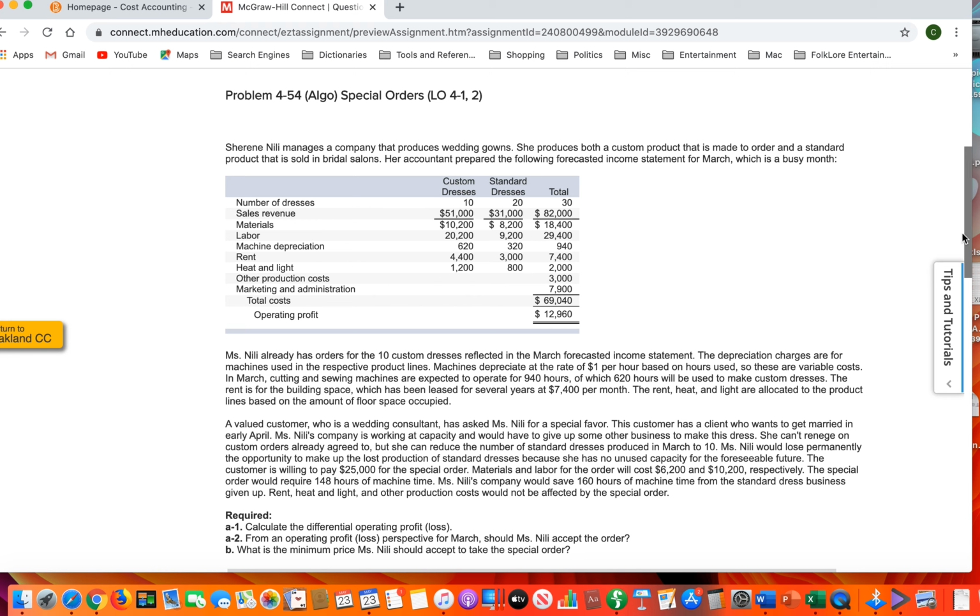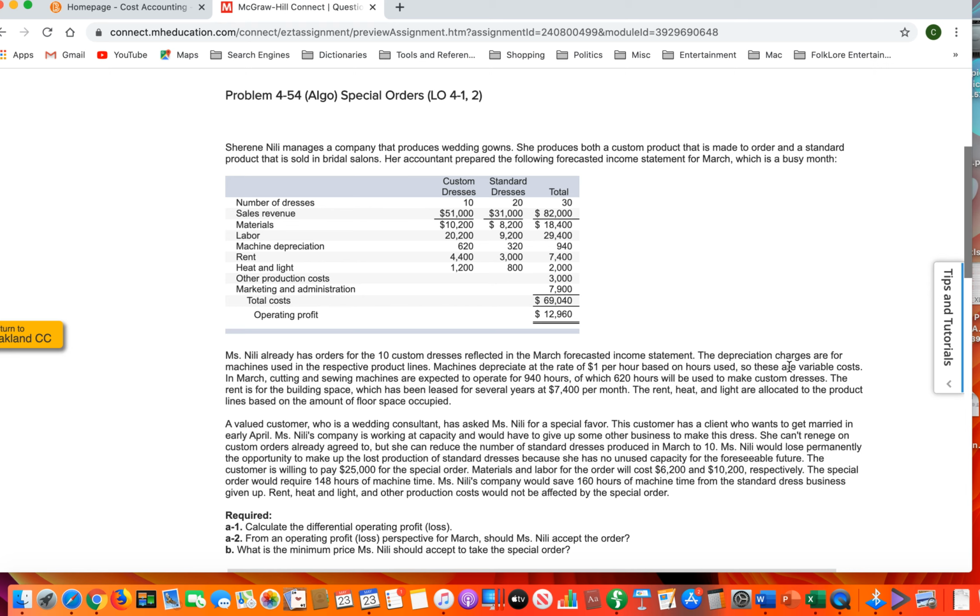The way I did this, folks, is okay. She makes wedding gowns, custom and also standard ones. People buy them off the rack. And as you can see here, she makes twice as many standard as she does custom.